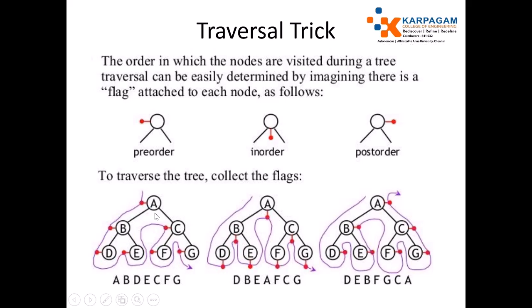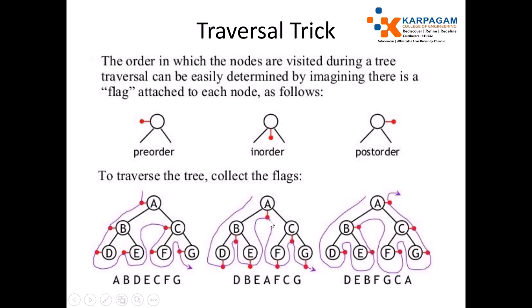Now collect the flags: A, B, D, then E, then C, F, then G. So after setting the flags for pre-order traversal, just collect the flags. This is the order of pre-order traversal.